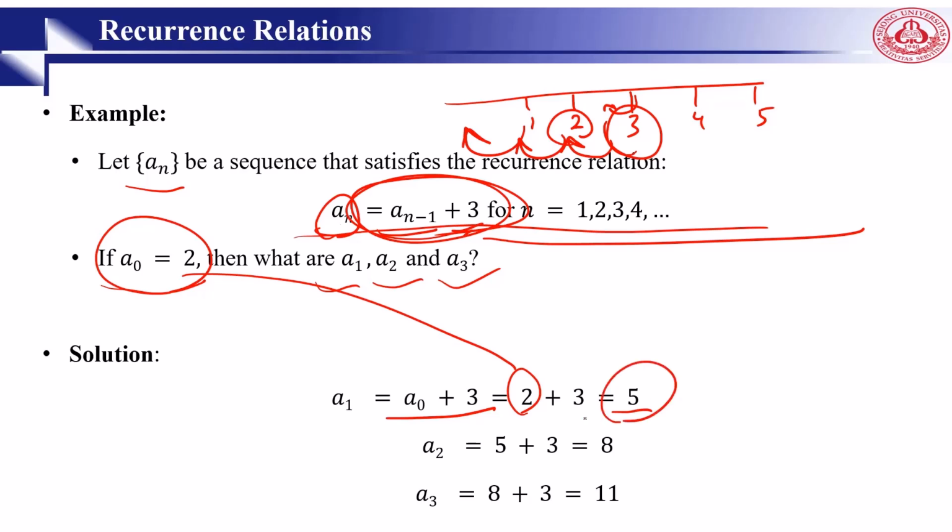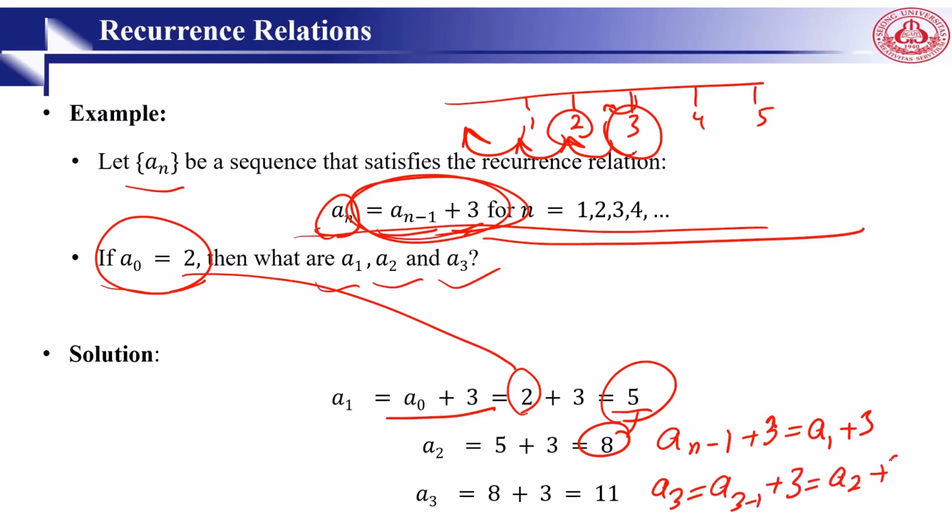So we find 5. a2 is a_{n-1} plus 3, it means a1 plus 3. So simply 5 plus 3 is 8. a3 equals a_{3-1} plus 3, which is a2 plus 3. What is a2? 8. This is called recurrence.